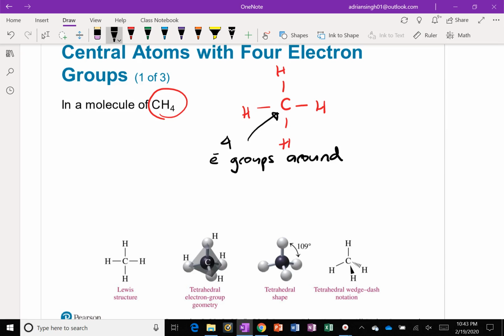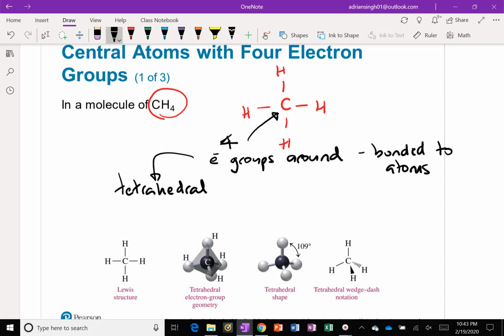And out of those 4 electron groups, all 4 of them are bonded to atoms. Right? So the 4 electron groups will firstly adopt the most optimal shape, which would be a shape known as tetrahedral.